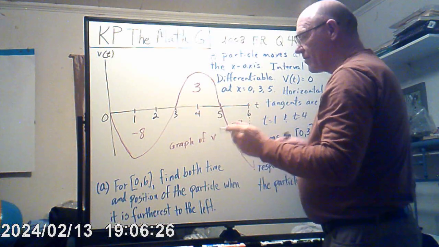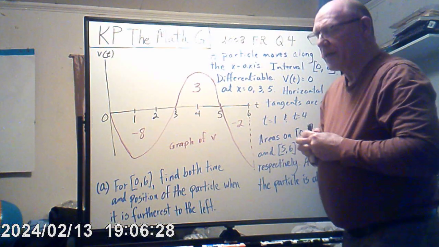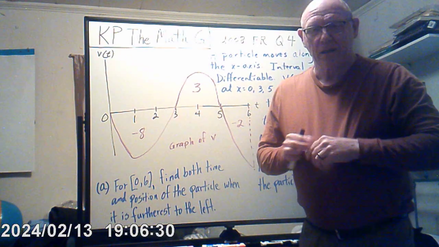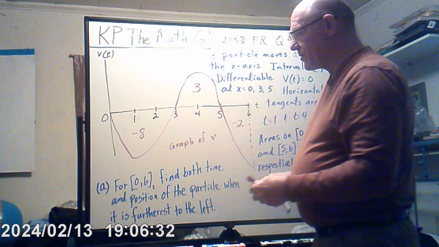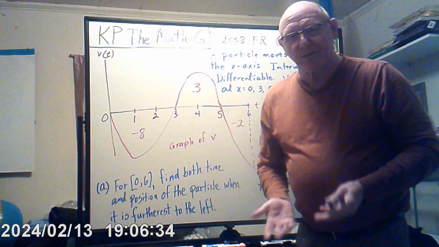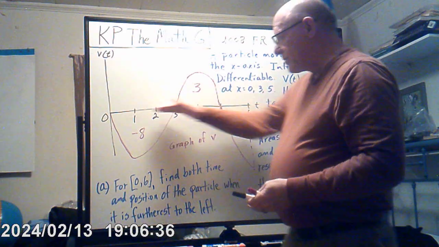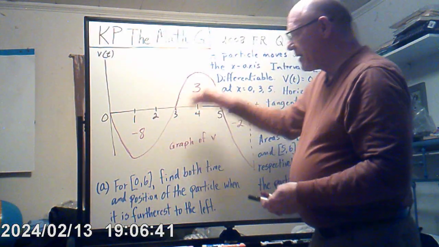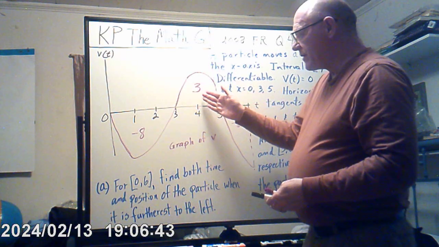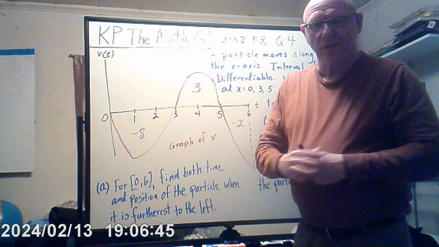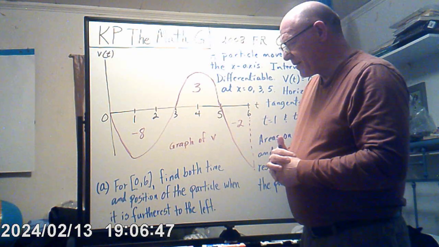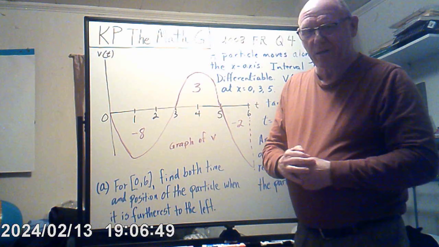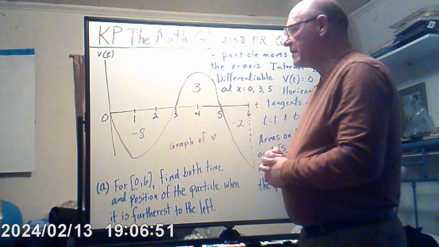They don't put the negative and positive signs. We have to know that because of the nature of the graph. Anything below the t-axis is negative, and anything above the t-axis is positive, and we have to keep that under close consideration.